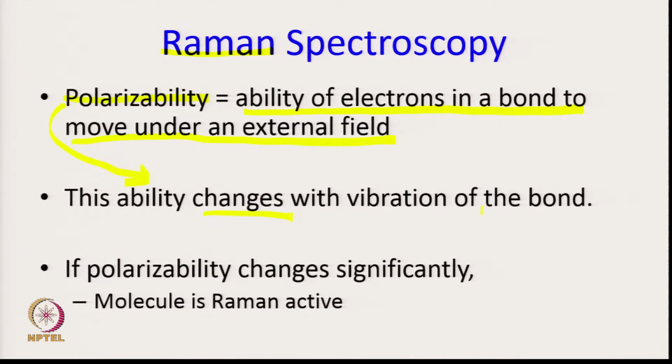How should it change? When the bond vibrates. So, if a bond is vibrating and with vibration the polarizability of that bond is changing, then it is Raman active. If the polarizability does not change with the vibration, then it is not active in Raman. So, if polarizability changes significantly, then it is Raman active.